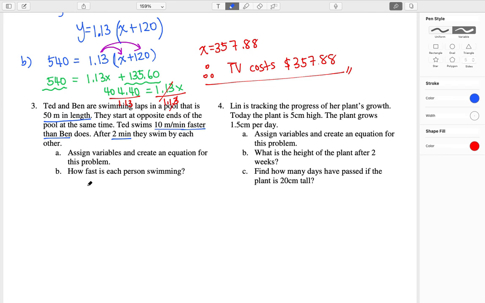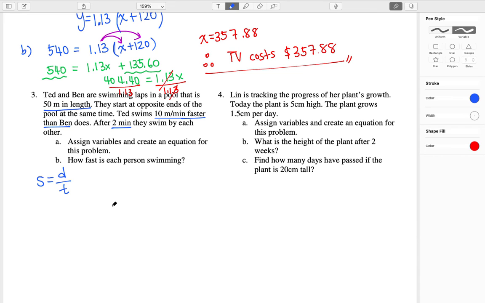So what I'm going to do is, you need to remember the speed formula. Speed is equal to distance over time. Okay, therefore, I would recommend that you make a chart. So one chart is for Ted, and the second one is for Ben. So let's do distance. We have time and we have speed.